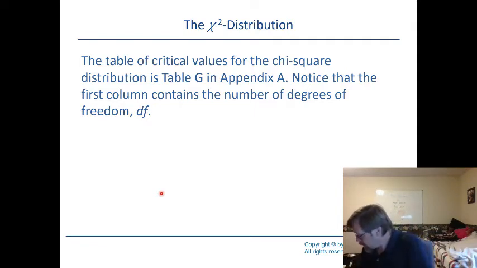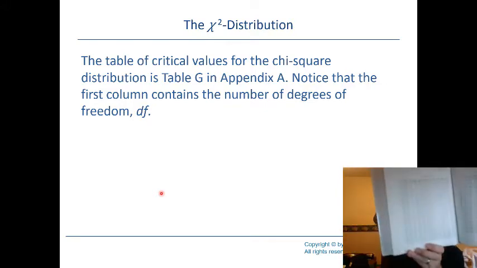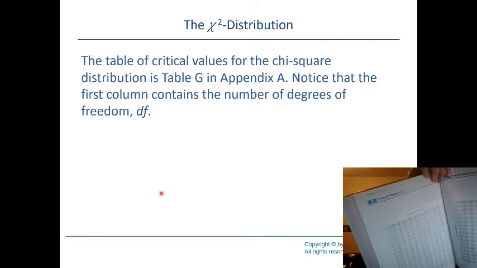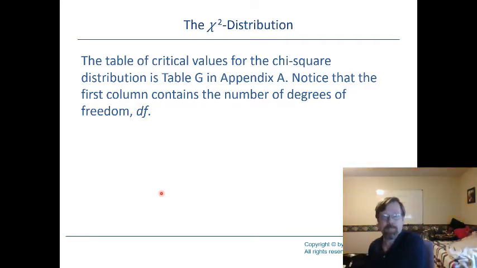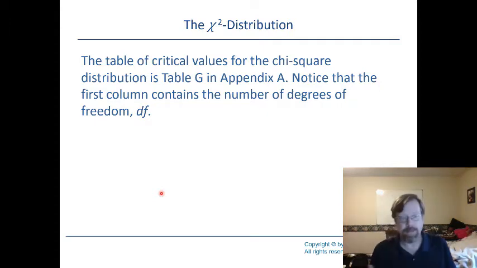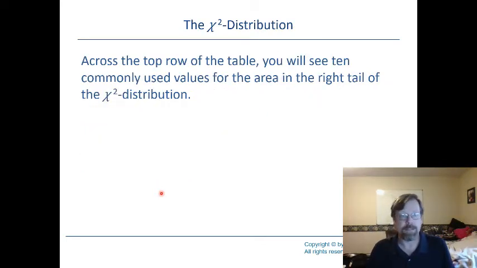And you can see the shape of the curve up there, all of that. And as with the t-distribution, that first column contains the degrees of freedom. So all we really need is the degrees of freedom for there. Across the top row in this, we see some common values for areas on the right of that tail.